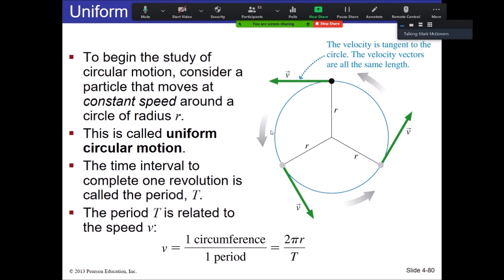That speed can be defined with respect to the distance you travel in the circle and the amount of time it takes to go around the circle, which is what we call the period, and that's indicated with a capital T. Not a P, capital T, because capital P is used for too many other things. So we got T, it's like time, but it's not. But it is, it's units of seconds. So one way to talk about the speed of uniform circular motion is to state the circumference of the circle and the amount of time it takes to go around. That's one way you can talk about speed.